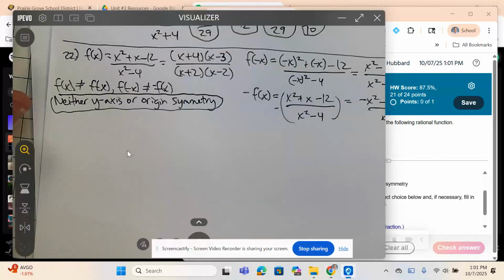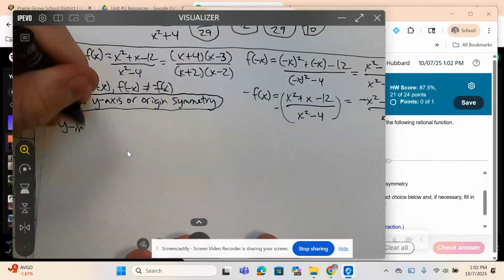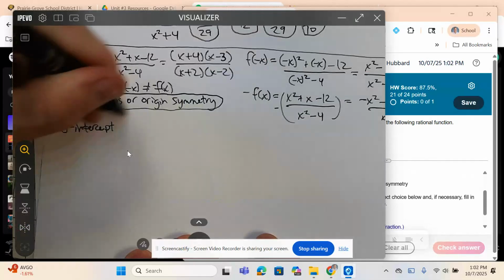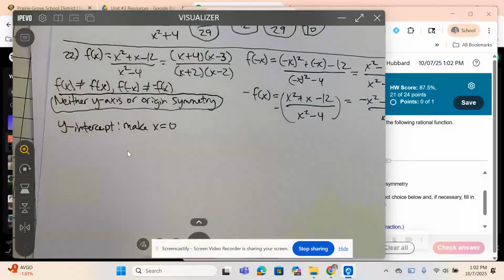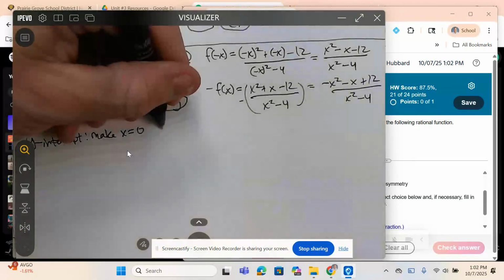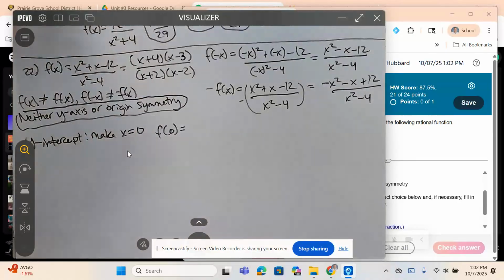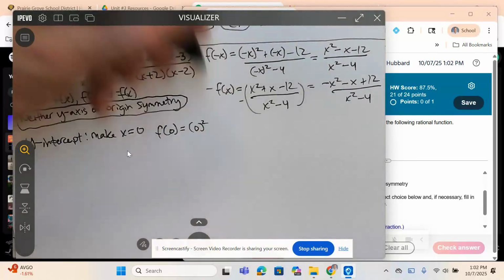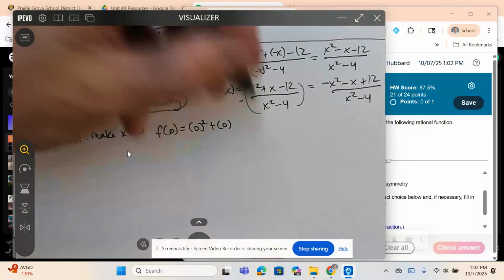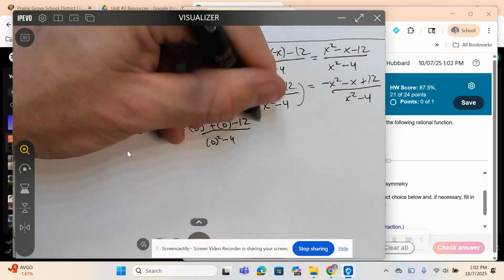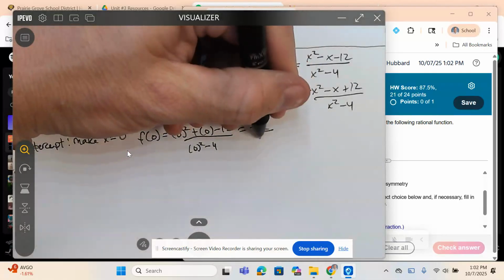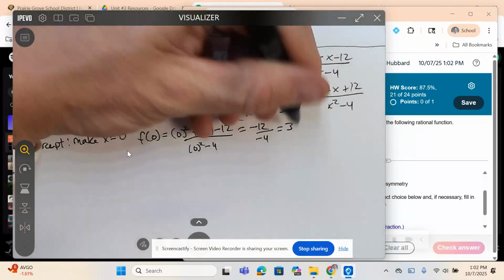So to find the y-intercept, make x equal 0. So f of 0 equals 0 squared plus 0 minus 12 divided by 0 squared minus 4. Negative 12 divided by negative 4, which is 3.